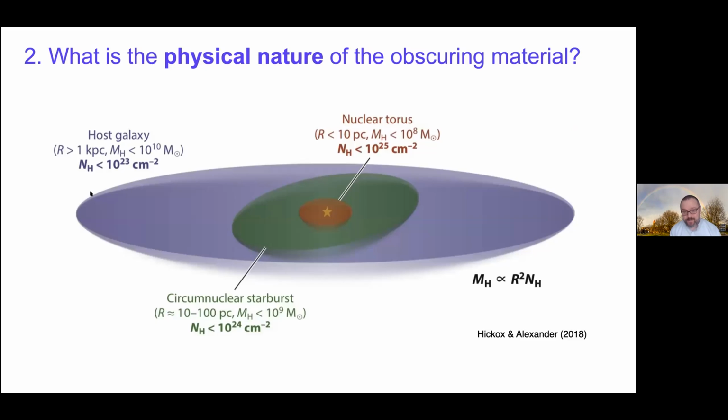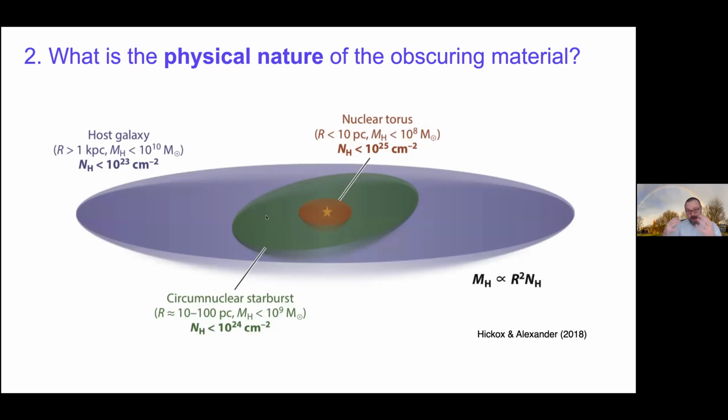Okay, so we have these heavily buried sources, but one of the still outstanding questions is what's the physical nature of the obscuring material? Like, where is this coming from? You have this standard unified AGN torus model that we all know and love, but that's obviously not the whole story.